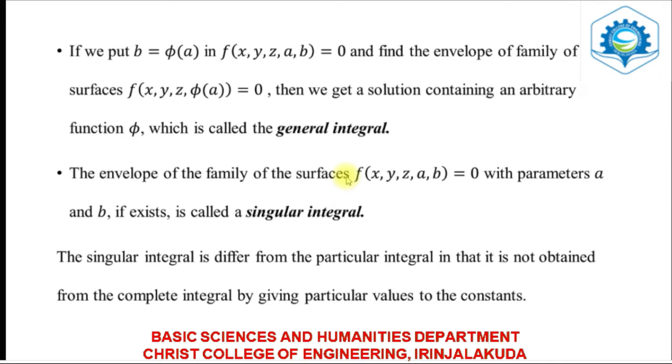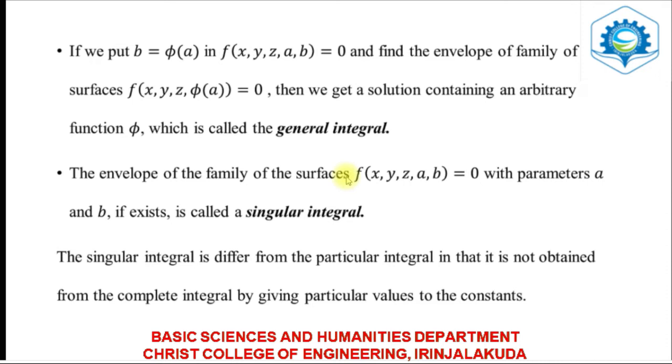Now what is a singular integral? The envelope of a family of surfaces f of x, y, z, a, b equal to 0 with parameters a and b, if it exists, is called a singular integral.